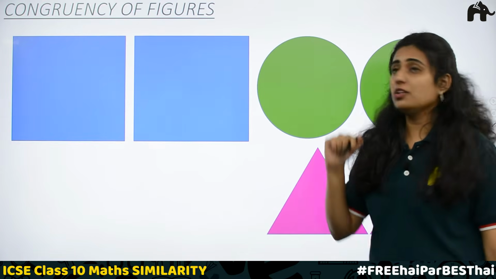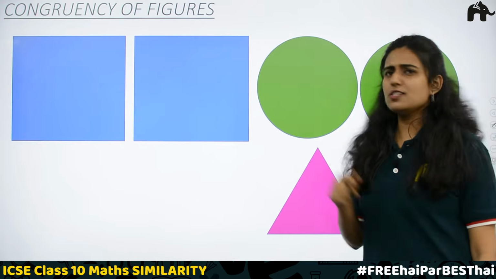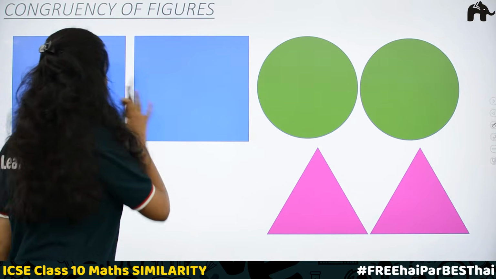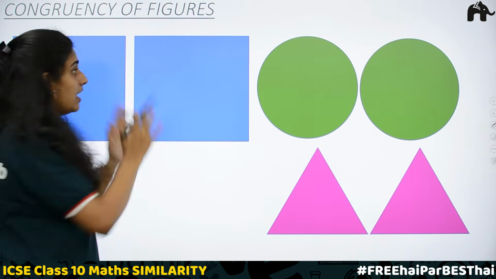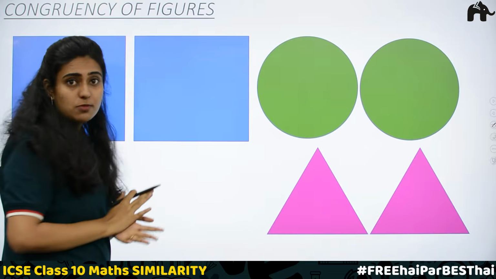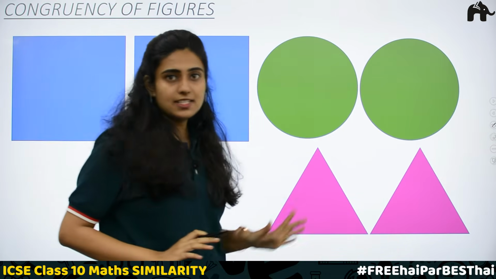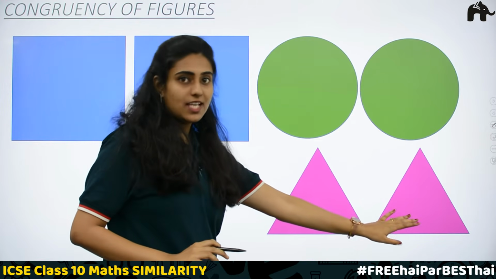Now, what is congruency of figures? We understood what is similarity of figures. What is congruency? Here, when you compare with the previous slide, we can see that these two squares are of the same size. They are squares, they have the same shape, and they are also of the same size. What about these circles? They are also of the same size. And these triangles are also of the same size.